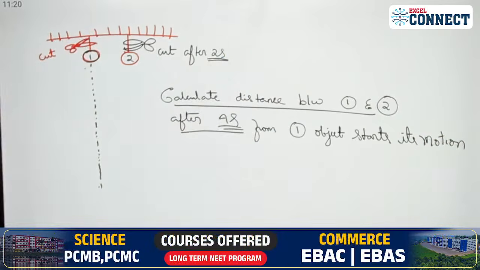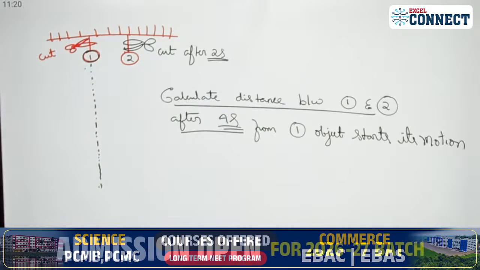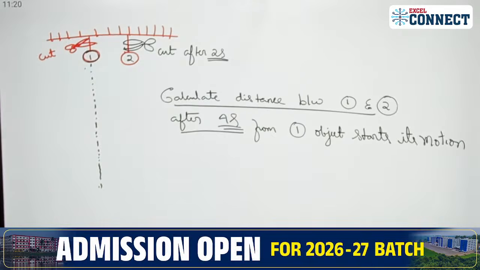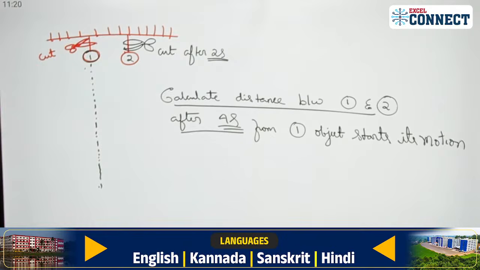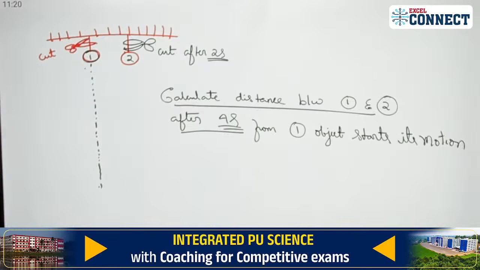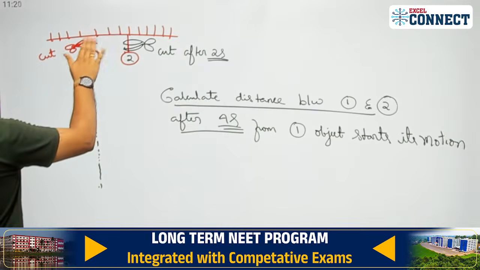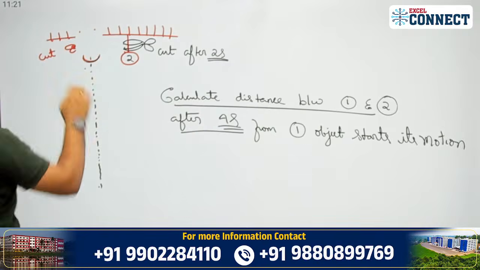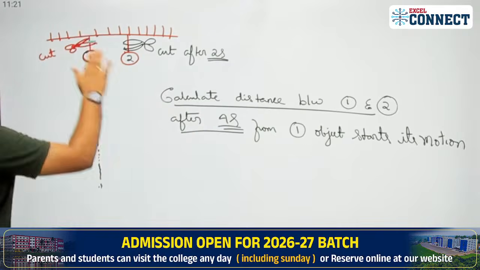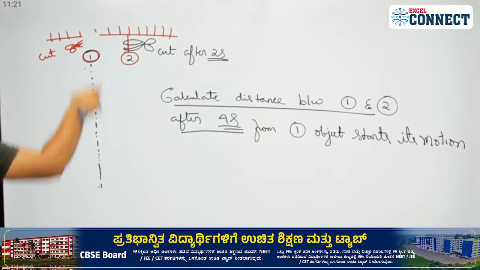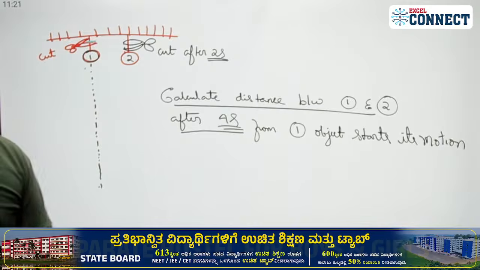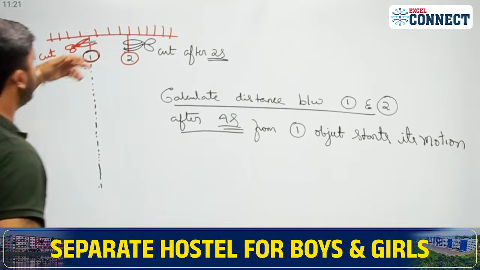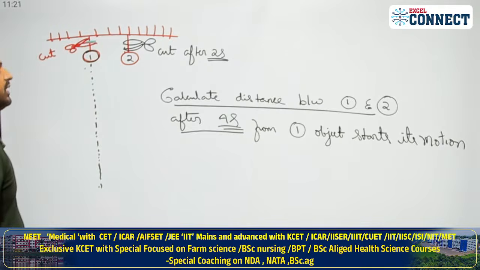This is the question. There are two objects hanging from the ceiling and each is tied with a thread. The first object is cut. When you cut this, it will be under free fall. Then you are cutting the thread of the second object.